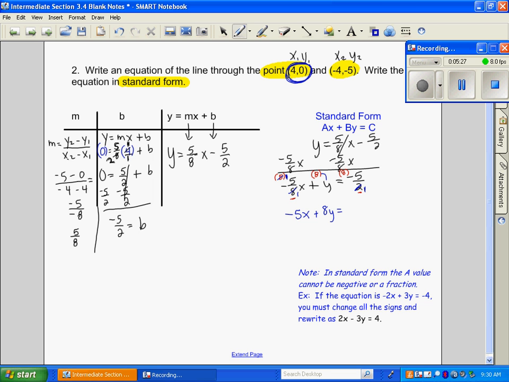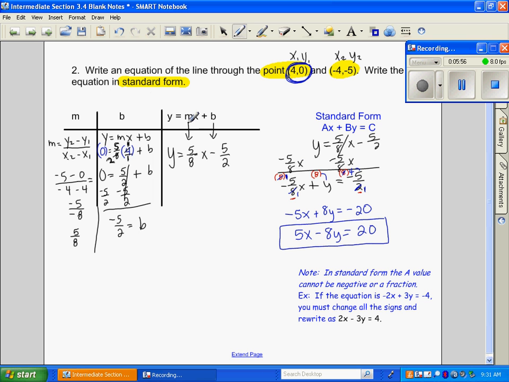Divide by 2, divide by 2, and then you get 4 times -5 is -20. Now it's not a fraction any longer, but I also don't want my coefficient in front of the x to be negative, so my next step is to change all the signs of each one of the terms in the problem. So I get 5x minus 8y equals 20, and this is standard form.